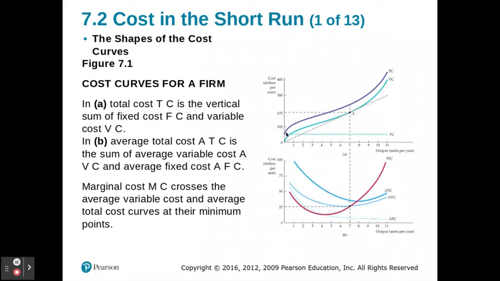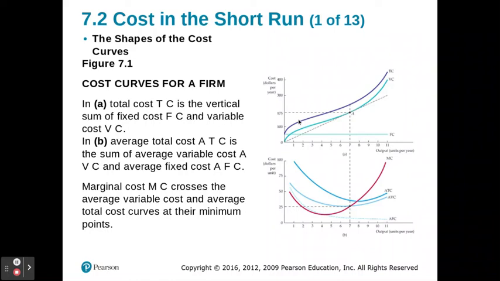what you'll see is that our fixed cost is constant, so it's a horizontal line. Nothing strange there. Then you would see that the total cost curve is increasing at a decreasing rate and then increasing at an increasing rate.